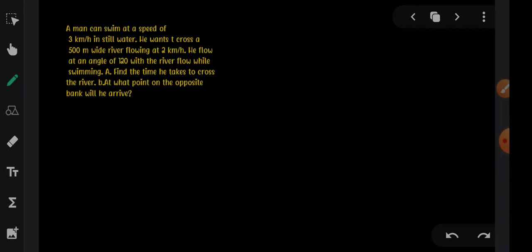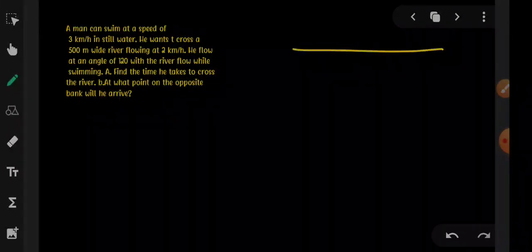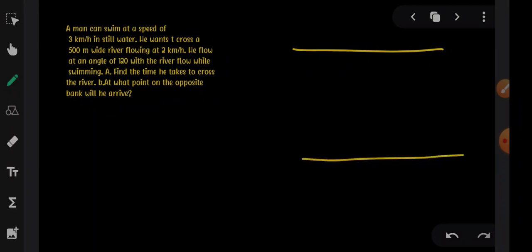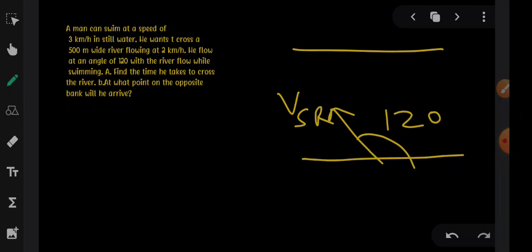Now in this question, the swimmer starts swimming at an angle of 120 degree with the horizontal. This is your Vsr. So this angle will be 60 degree. Now resolve it.